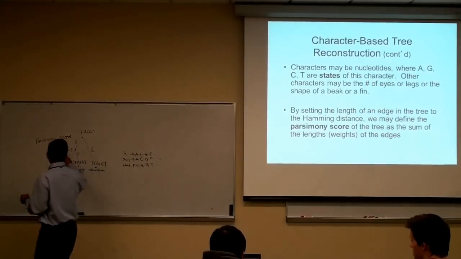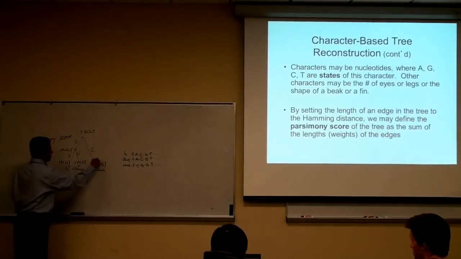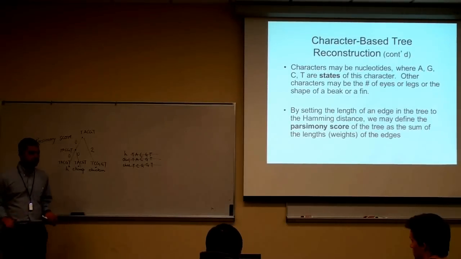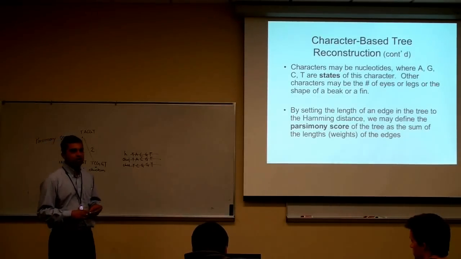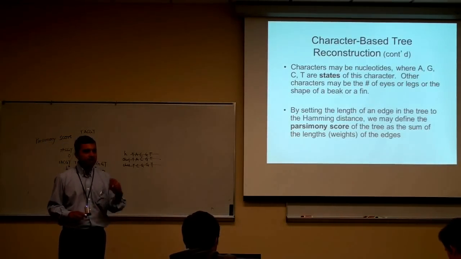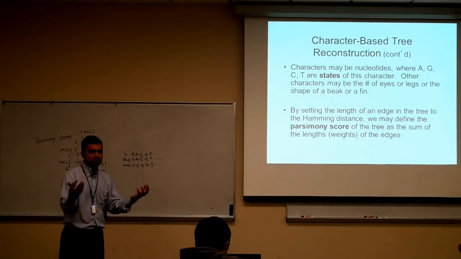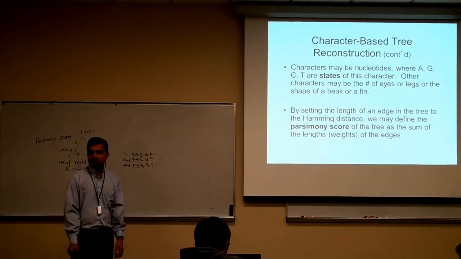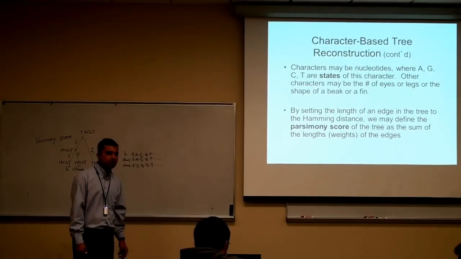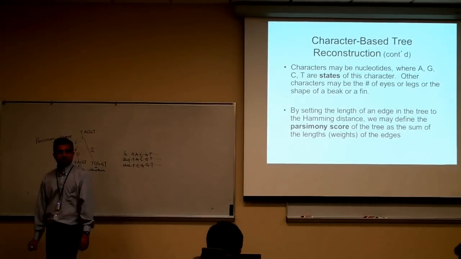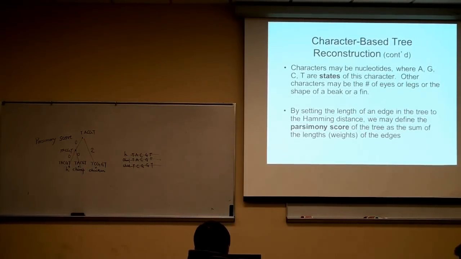Here, a C changing to a G means 1 mutation. You could say that a beak changing to a longer beak has a score of 10. It could be anything, as long as you have defined distance between those states.